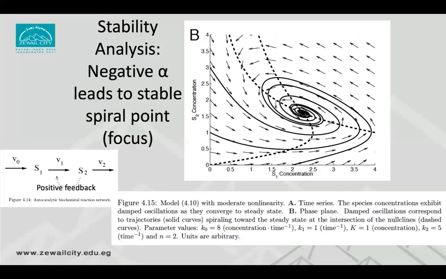K0 is 8, k1 is 1, and then the big K1 and K2 are 1 and 5. And we have cooperativity 2, so that's a relatively small amount of cooperativity. And this gives us the spiraling oscillations.